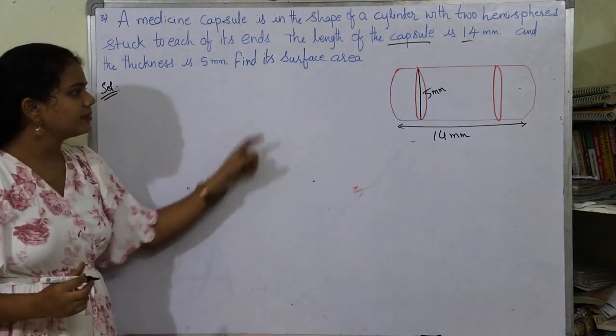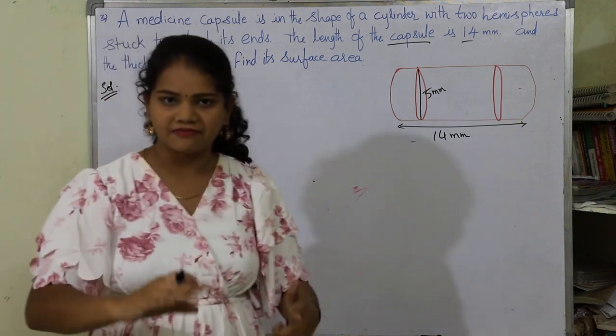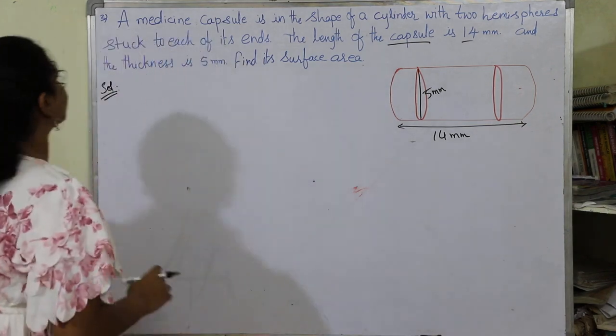To find the surface area, we must find the total surface area of the given capsule.